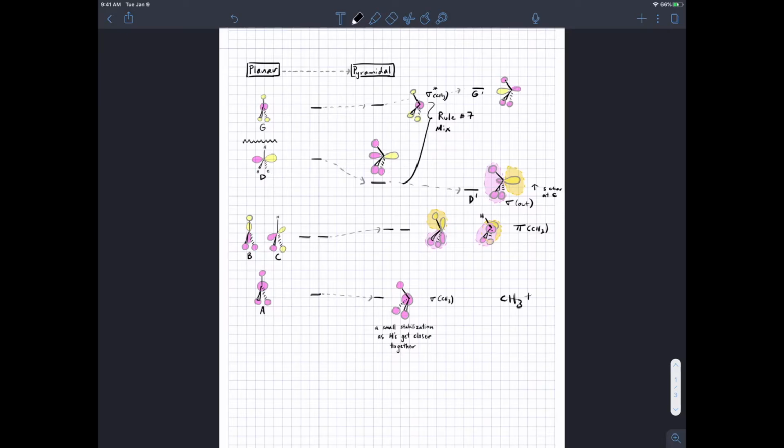CH3 plus, we've got 6 electrons. So let's populate the orbitals from lowest to highest and see what configuration gives us the better energy.